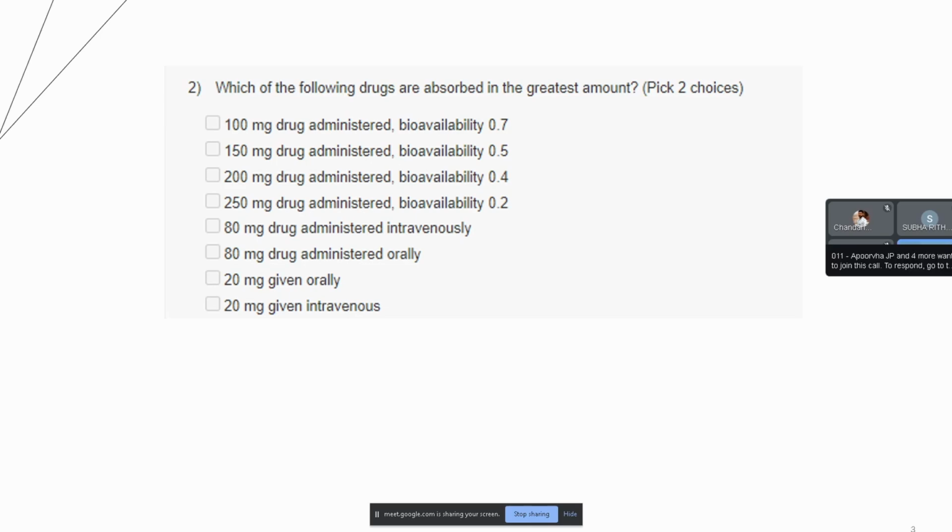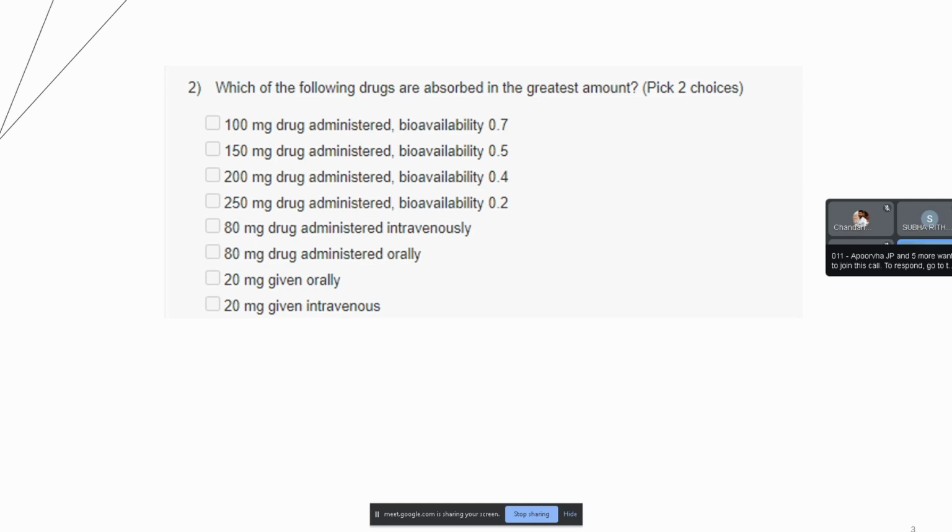With that in mind, let's try to answer this question. Which of the following drugs are absorbed in the greatest amount? The first option is 100 mg of drug administered, and it doesn't matter what route, because we know the bioavailability.